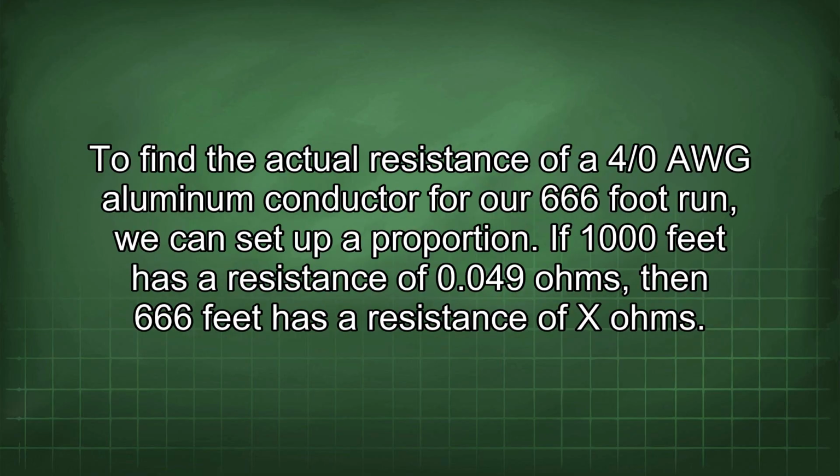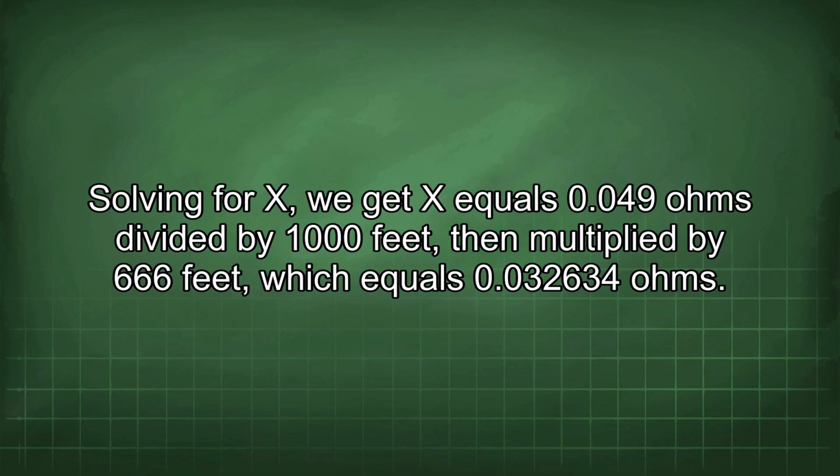To find the actual resistance of a 4/0 AWG aluminum conductor for our 666-foot run, we can set up a proportion. If 1000 feet has a resistance of 0.49 ohms, then 666 feet has a resistance of X ohms. Solving for X, we get X equals 0.49 ohms divided by 1000 feet, then multiplied by 666 feet, which equals 0.32634 ohms.